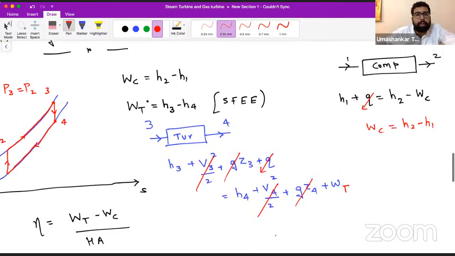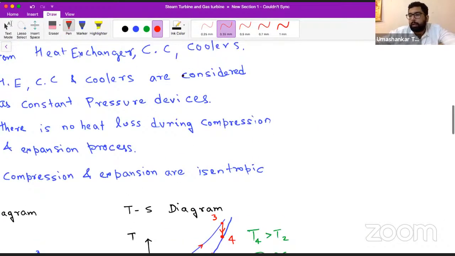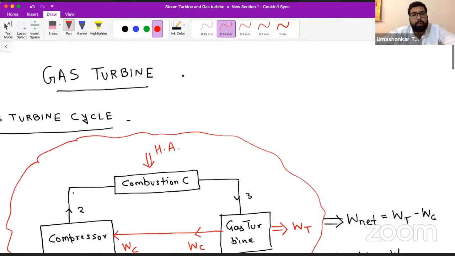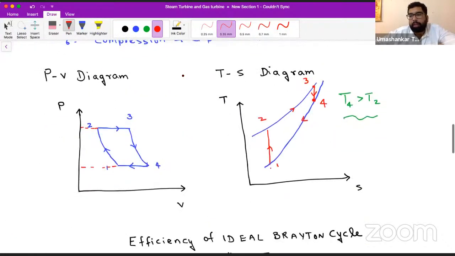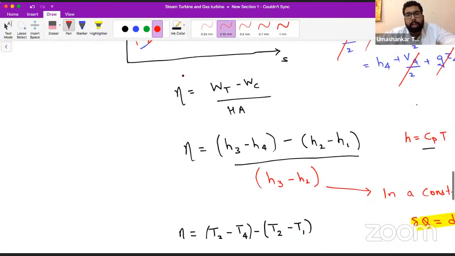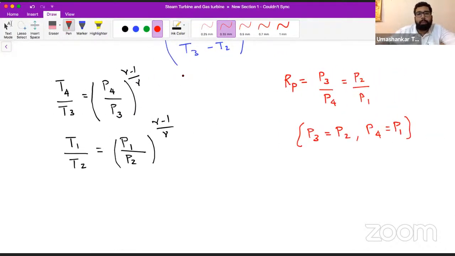You can see it here in the TS diagram. This is the same constant pressure line. It is also the same constant pressure line. And we can see it from our PV diagram as well.